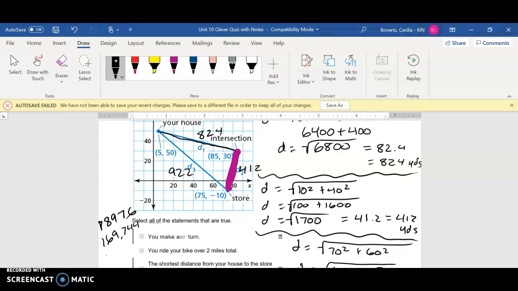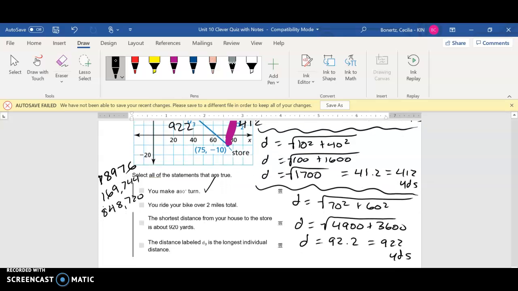So adding those together is 848,720. And I'm going to find the square root of that. And it equals 921 point something. So it's close enough to this with the rounding that I'm doing that I would say, yes, that's a 90-degree turn. So that's true.